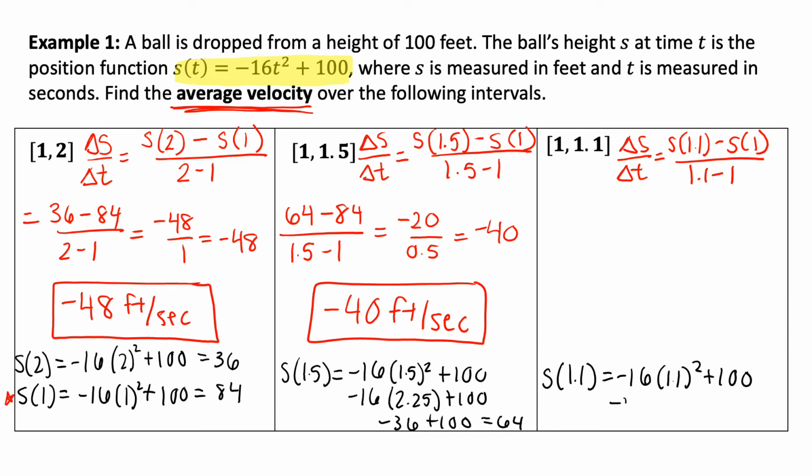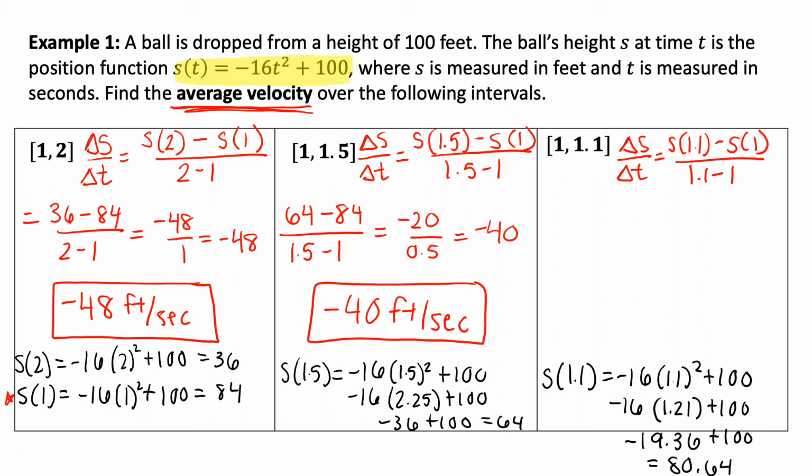So this gives me negative 16 times 1.21 plus 100, which gives me negative 19.36 plus 100, which gives me positive 80.64.